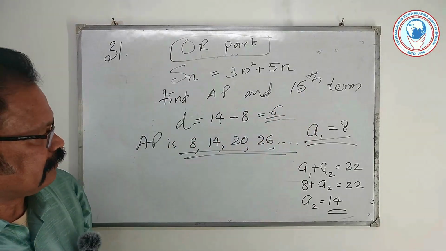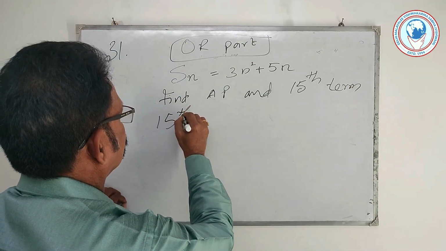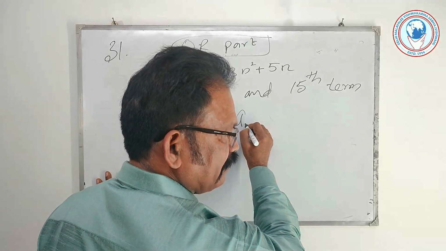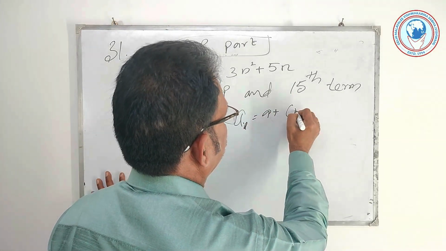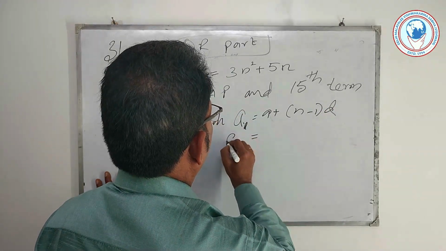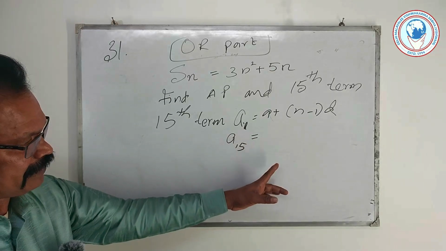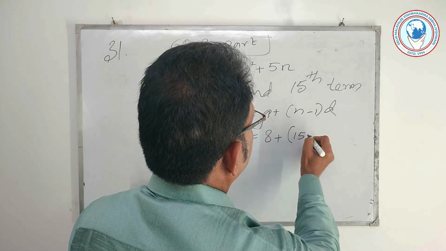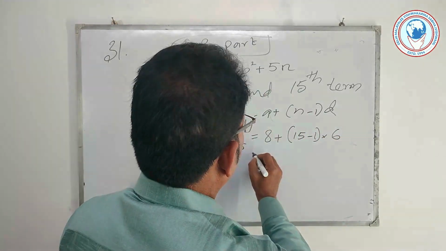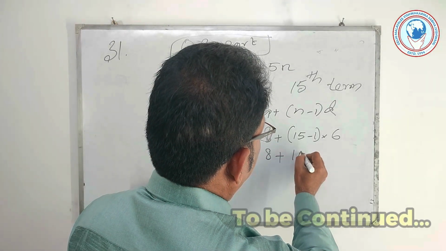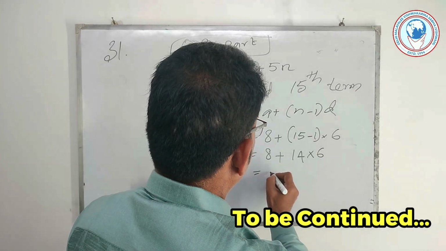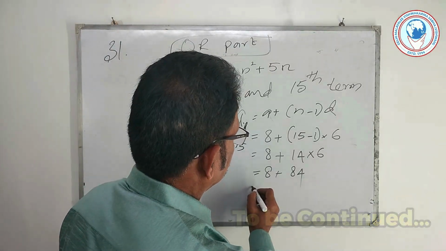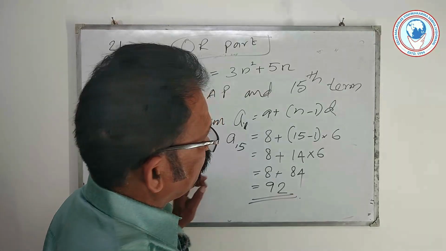Now, to find the 15th term, the formula is given by an is equal to a plus n minus 1 into d. 15th term is equal to a, a means first term a1, we got 8, plus 15 minus 1 into d. d is 6. The term is 92.